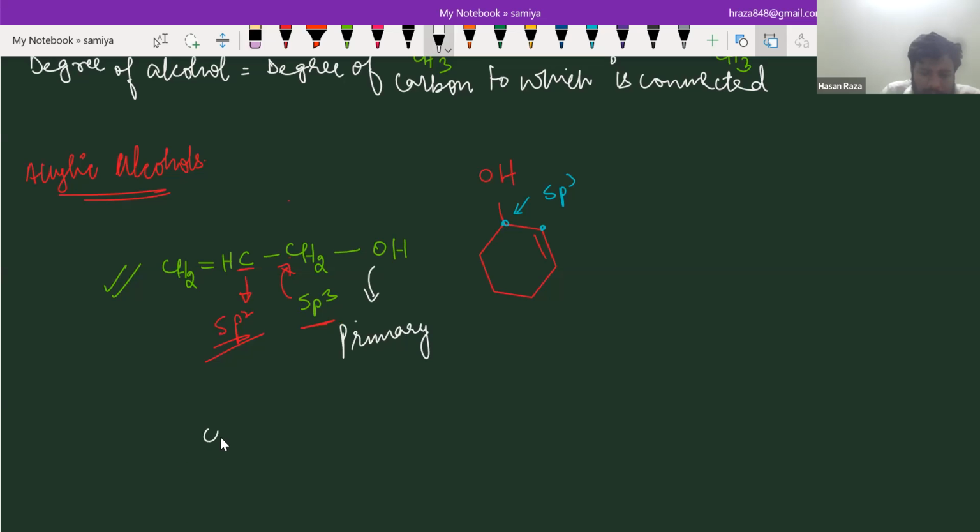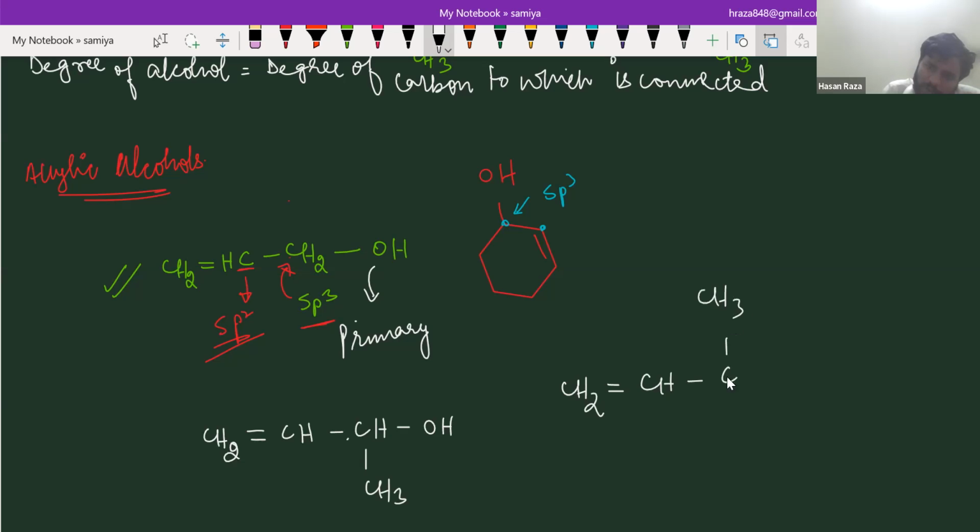So we can have secondary also, CH2 double bond CH, CH, OH, and this is CH3. In the same way, we can have tertiary like CH3, CH3. So just mark which one is primary and which one is secondary. Can anyone tell me which type of alcohol this is? Primary, secondary, tertiary?